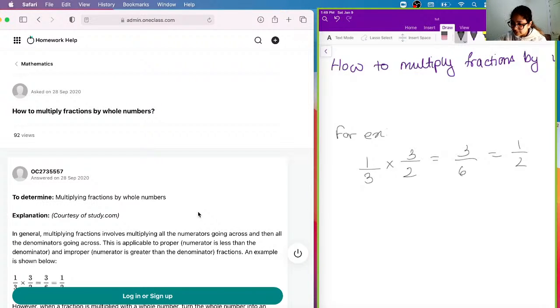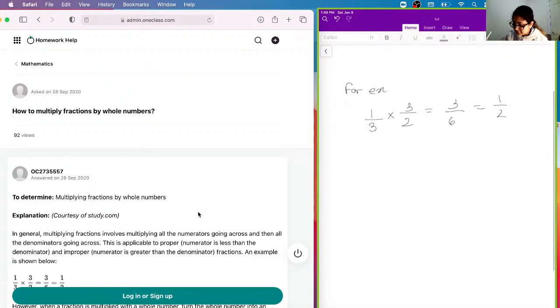However, when a fraction is multiplied with a whole number, you turn the whole number into an improper fraction by making the whole number the numerator and then 1 as the denominator. So let's say for example number 2, if we have a whole number, in this case we have 3 times 3/2, right?